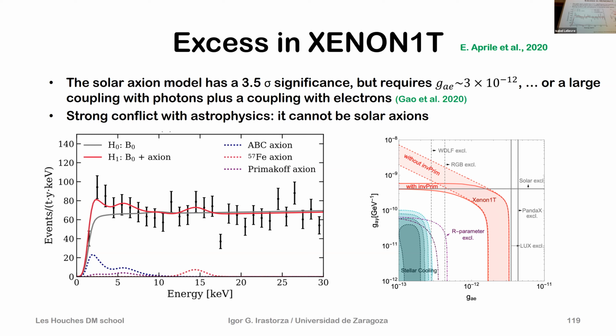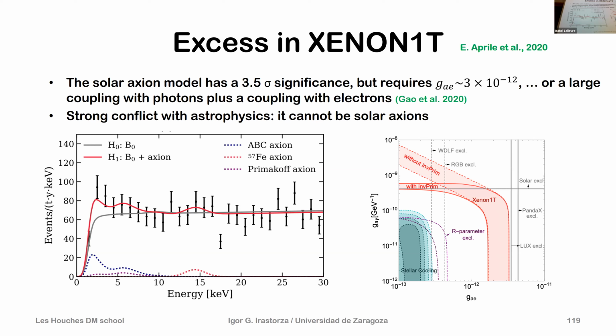But at the end, when you plot the interpretation of this excess in terms of axion photon coupling and axion electron coupling simultaneously, so taking into account all possibilities, so that they are producing these two different channels from the sun, and they could be detected via the two different channels at the detection site.